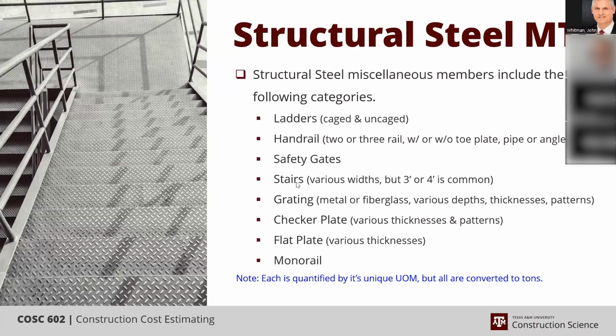On the other hand, grating, there's variation in the thickness of the bars they use, and there's variation in the depth of the bars. So there's at least three different types out there. And then you start taking into consideration fiberglass options. Your grating can vary in weight. So it's good to research what it is. I think typically it's 3/16 inch thick bar, and it's about 1 3/16 inches is your standard depth.